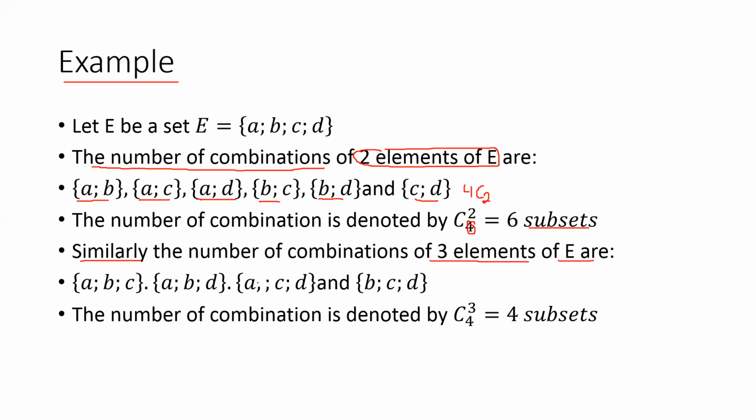We get 4. So the number of combinations is denoted by C. I have 4 elements, I choose 3. So we get 4 subsets.